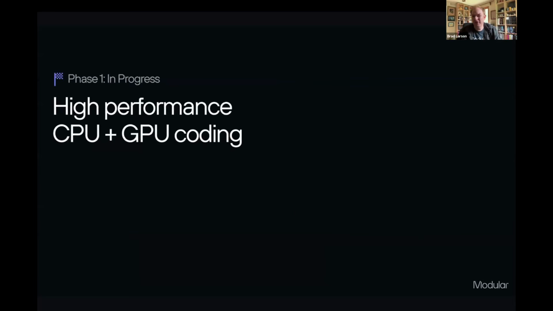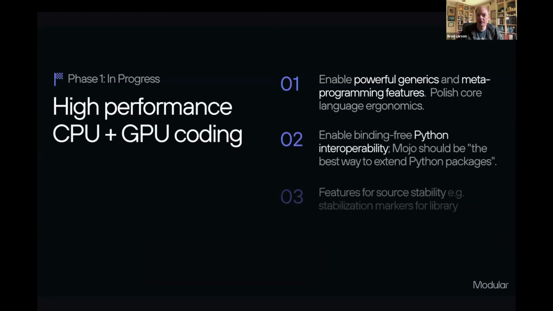That brings us to phase 1, which is where we are today. And the focus in this phase is on Mojo as a high-performance programming language for CPUs and GPUs. That includes a range of features we prioritized for writing state-of-the-art computational kernels for modern accelerators, such as powerful yet ergonomic metaprogramming. We've talked about that before.